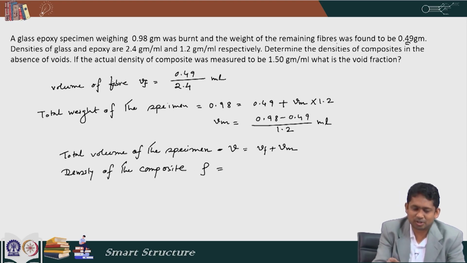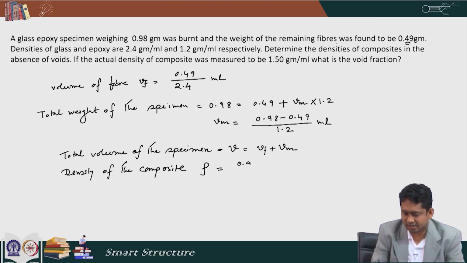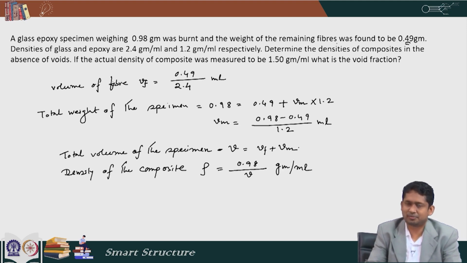So, it is the total weight of the composite, which is 0.98, divided by the total volume of the composite, and that will come in gram per milliliter, because these volumes are in milliliter and this weight is in gram.